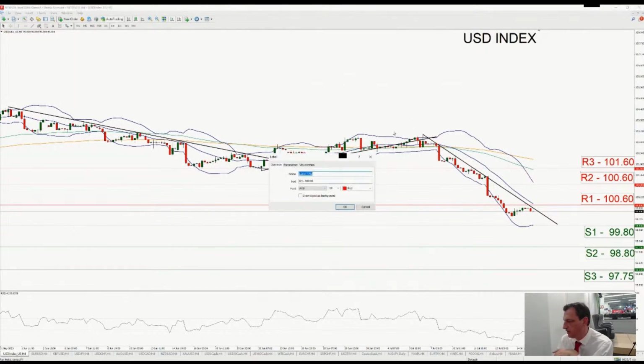The R1 at 99.80. The S1 at 98.80. The S2 at 97.75.